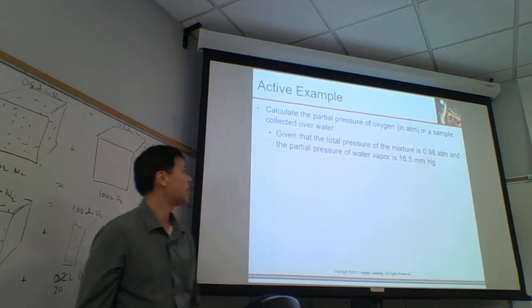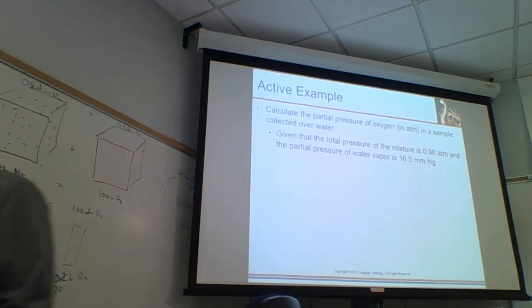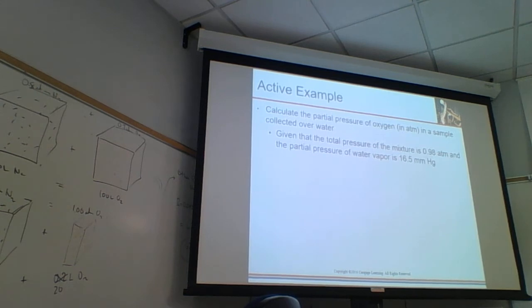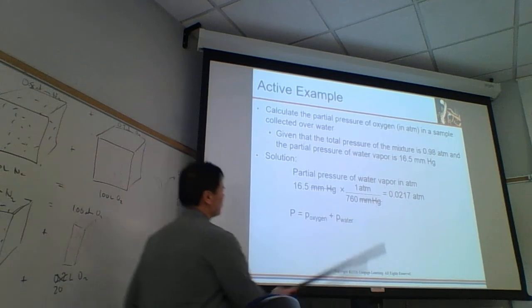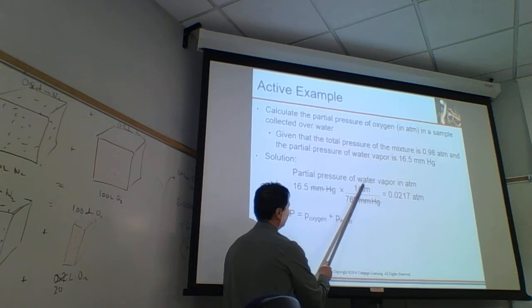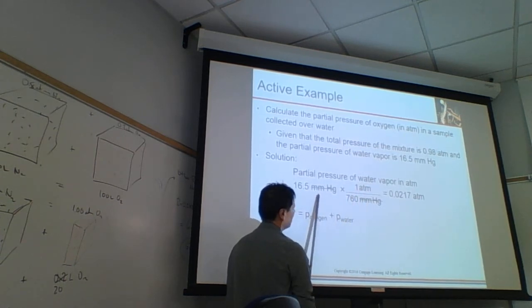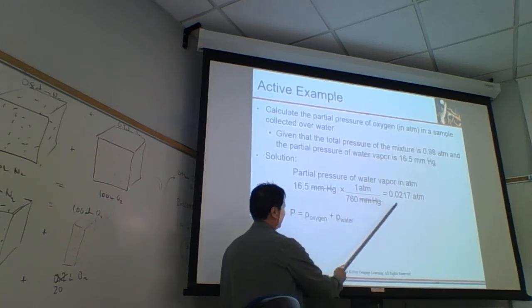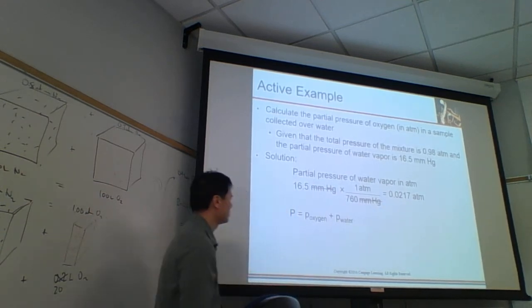And so they want to figure out how many atmospheres of oxygen. So this number comes from a table, 16.5 millimeters of mercury. So that's the partial pressure of water vapor in atmospheres, or the vapor pressure in atmospheres. So 16.5 millimeters converted to atmospheres, we get 0.0217 atmospheres.